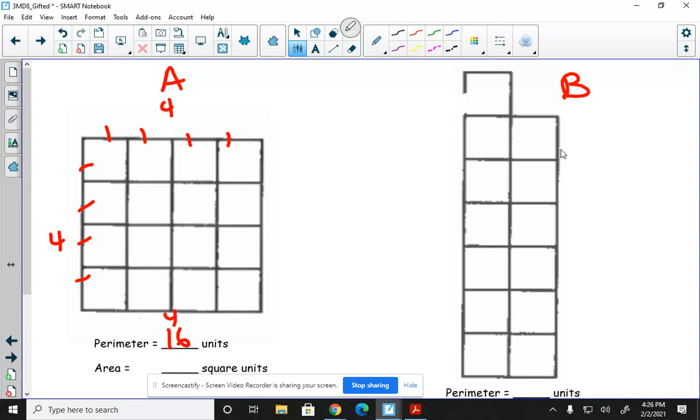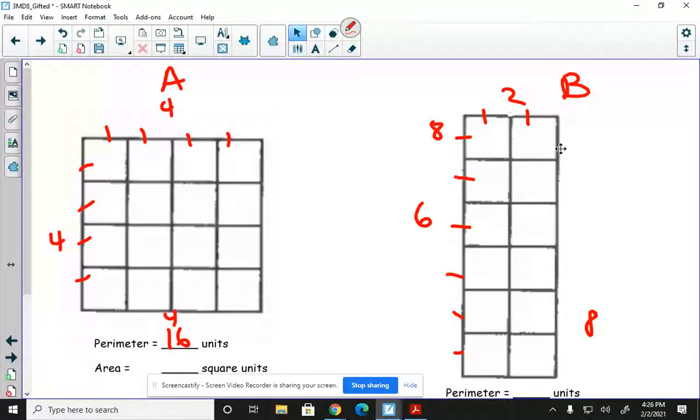So I think we actually had to take this tile off in order to have perimeters the same. Okay, hopefully that fixed that. Six plus two is 8, and then 6 plus 2 is 8. Yeah, I needed to take that top square off.